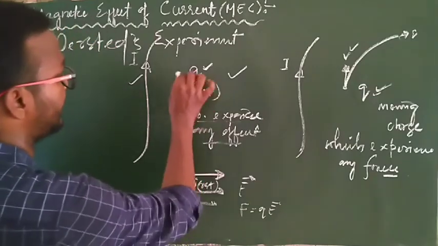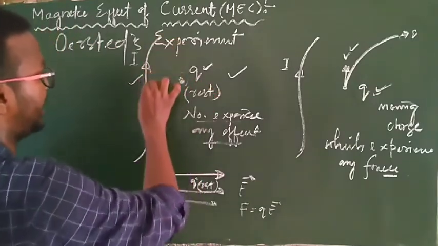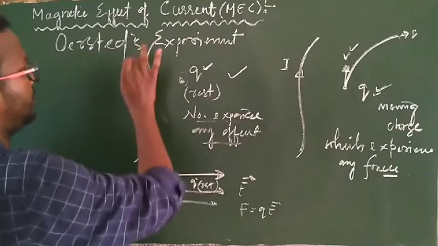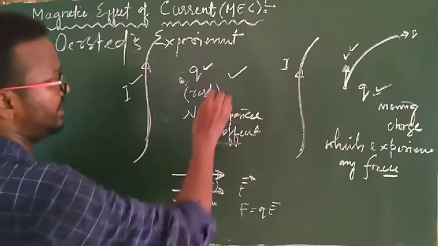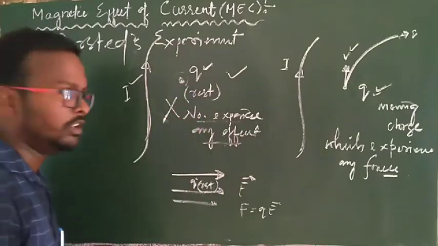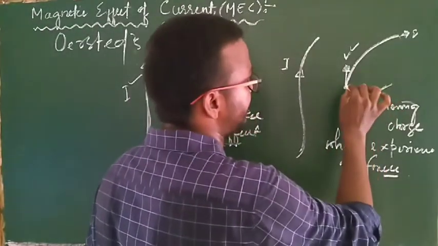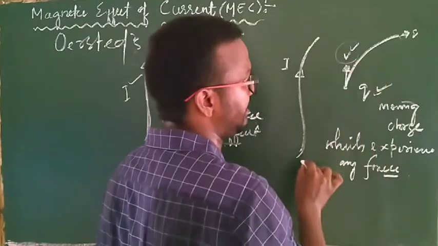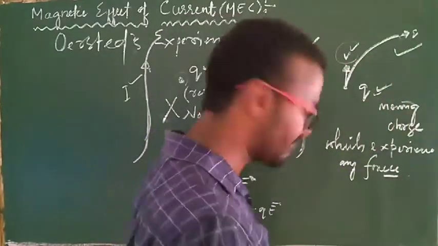If this charge particle is placed near a current carrying wire with current I flowing through it, then the charge particle does not experience any force. But if this charge particle is moving with some velocity V, then it will experience a force.